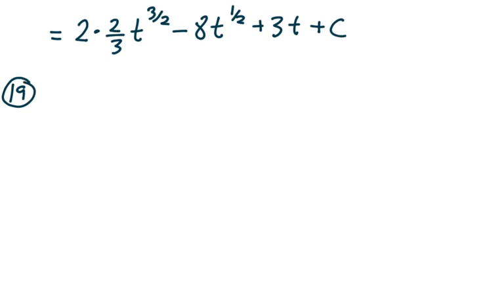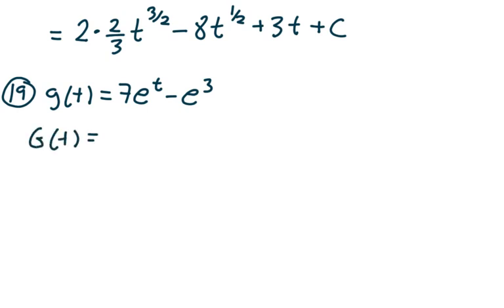So on problem 19, we have g of t is equal to 7e to the t minus e to the 3rd. Okay? This one's a great question. Now, think about this. We're working backwards, you guys.